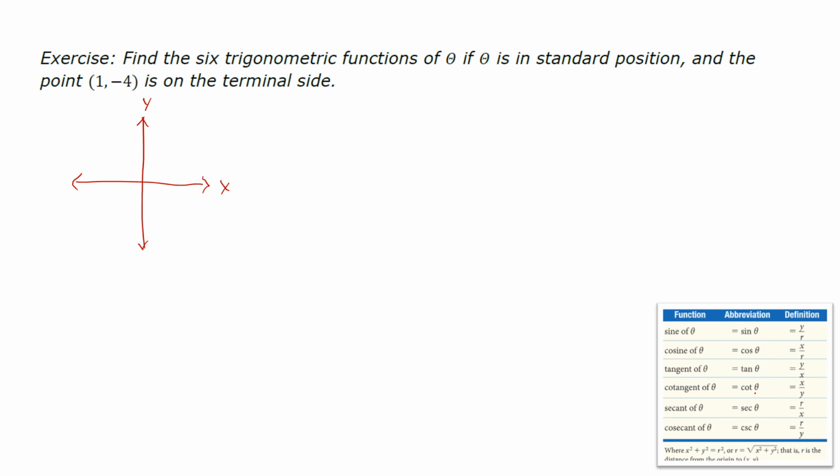Now we know we have a point on the terminal side of theta at (1, -4), so it would be about here. We have our terminal side that goes through this point.